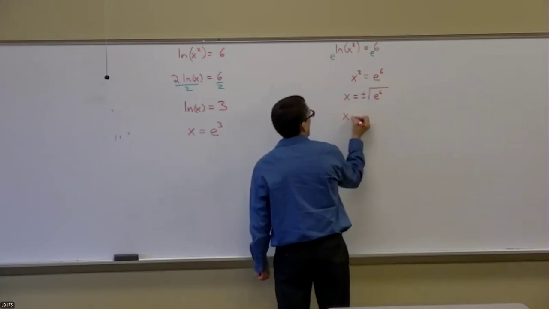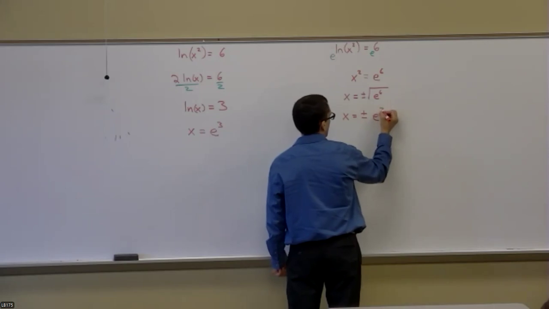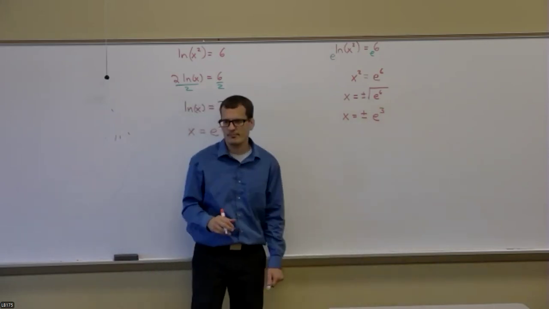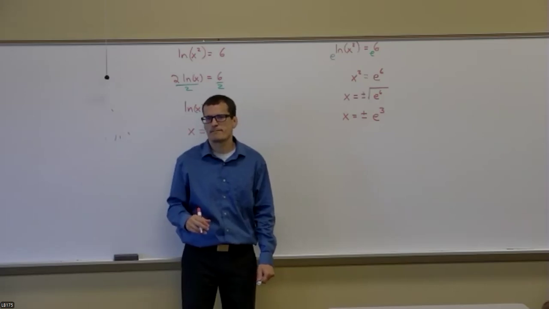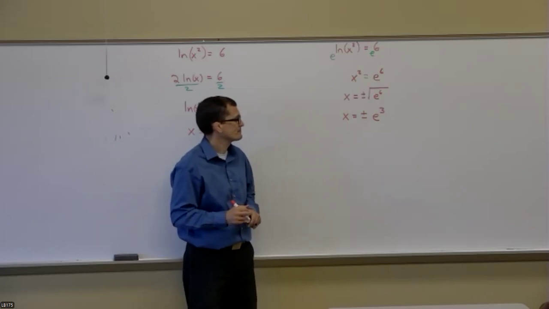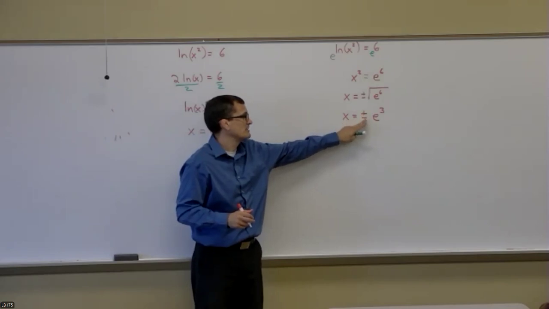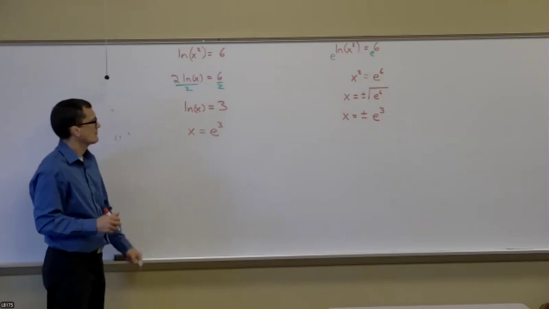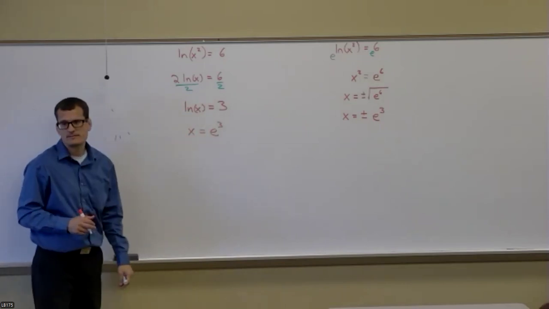So here, I'm getting either the positive or the negative version of e to the 3rd. When you take a square root of an even power, you get half of that power. So essentially, I get 2 answers here, a positive or a negative e to the 3rd. And I only got the one answer here, just e to the 3rd.